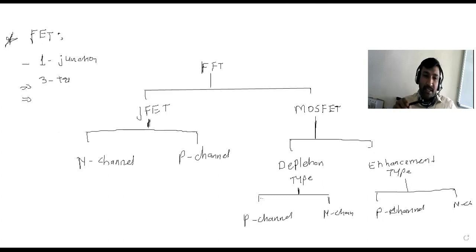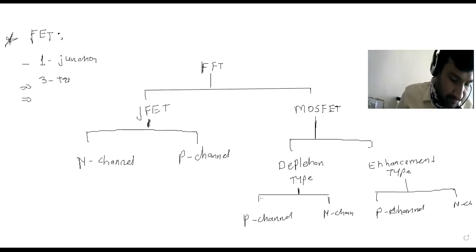Now if I consider JFET as a parent class, then its children are N channel and P channel. So remember this way. All subjects are related to each other. Now, this is the classification of FET.